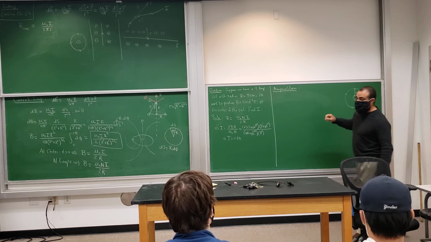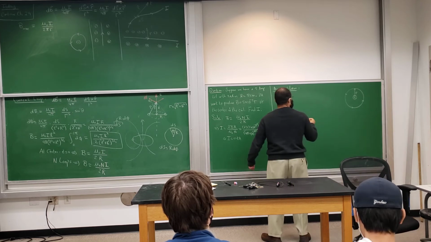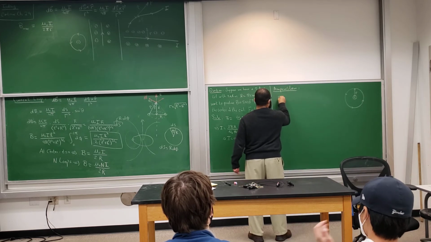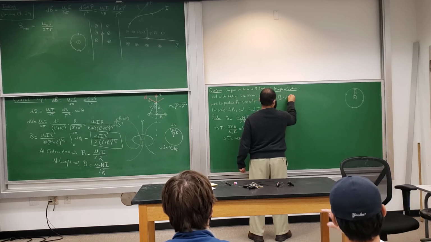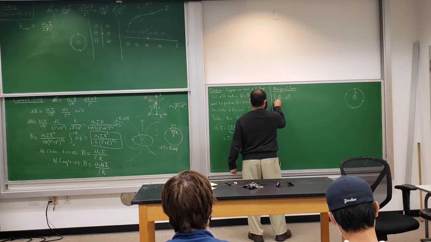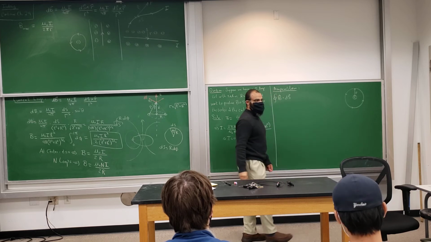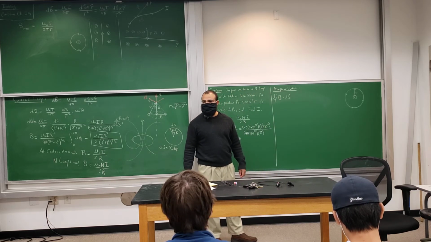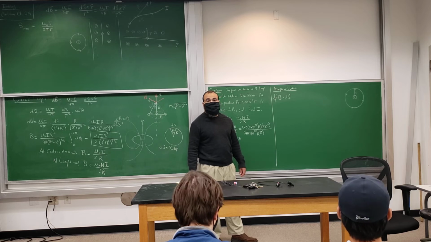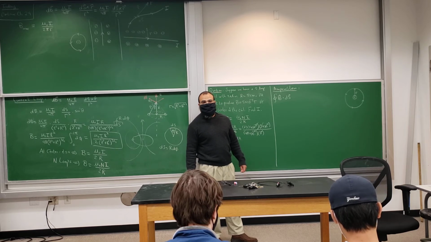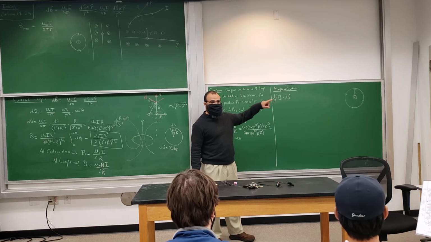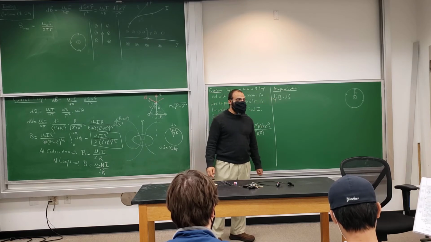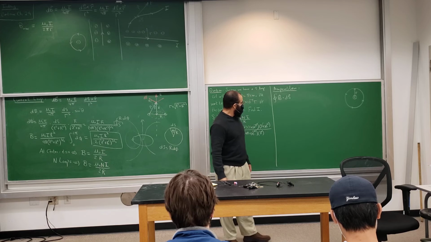Here's the integral I would like to do: the integral of B dot ds over a closed loop. That's the integral I want. A line integral, yes. So I'm integrating over a line.